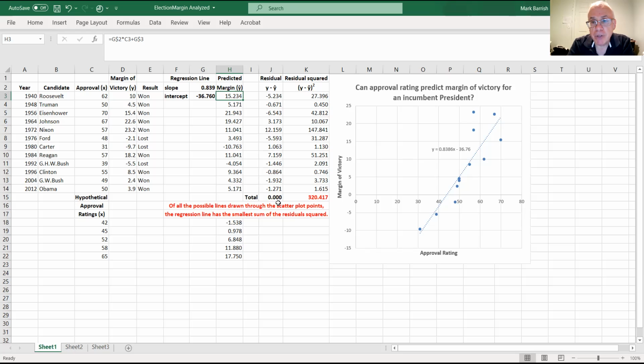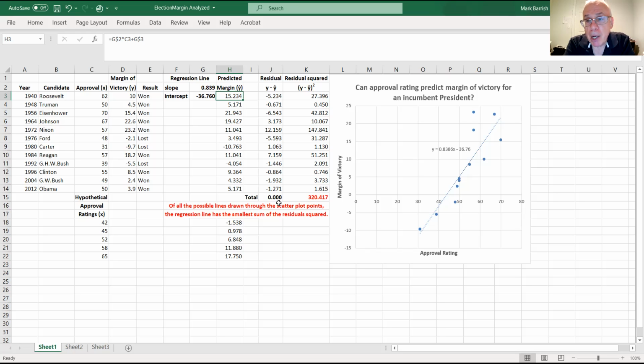Now, if it doesn't come out to 0, it's just rounded to 0. When I round to 3 decimal points, it's just 0. And that's true for any data set where we're calculating residuals from a scatter plot. When we calculate each residual and add them up, it always adds up to 0.